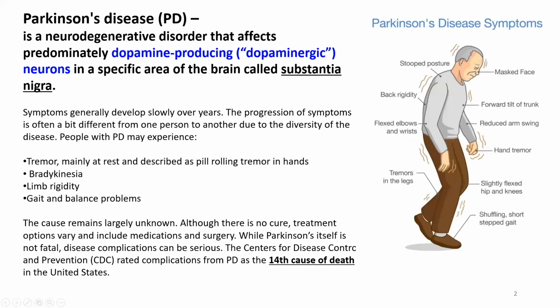So as you know, Parkinson's disease is, unfortunately, a very common neurodegenerative disorder which affects predominantly dopamine producing neurons in specific areas of subcortical structures of the brain, first of all in substantia nigra, and symptoms generally develop slowly over the years.